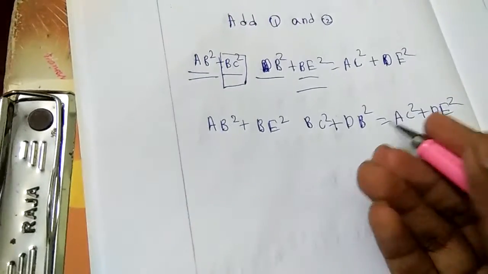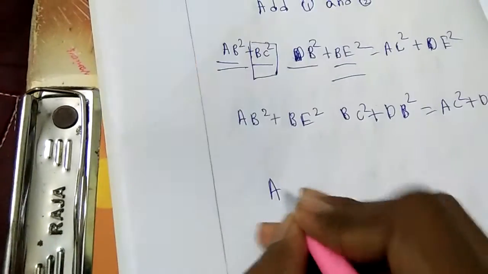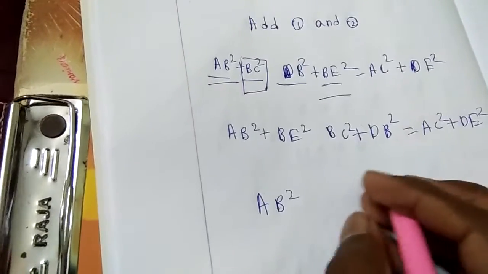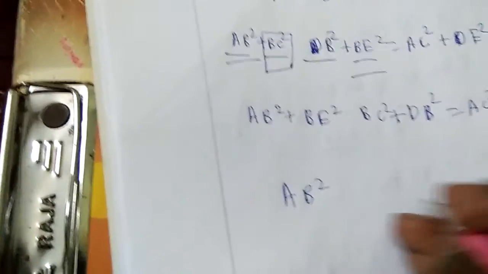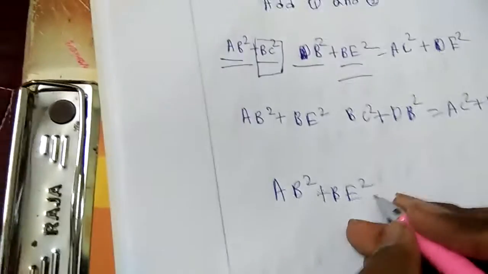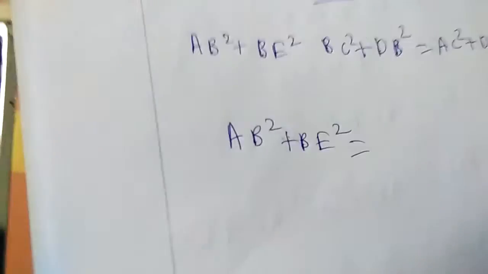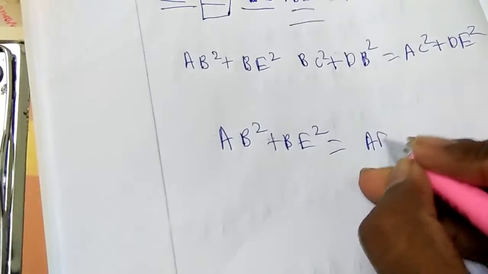So by using Pythagoras theorem, according to the given picture, we can say AB square plus BE square is equal to AE square. So here the hypotenuse is AE.